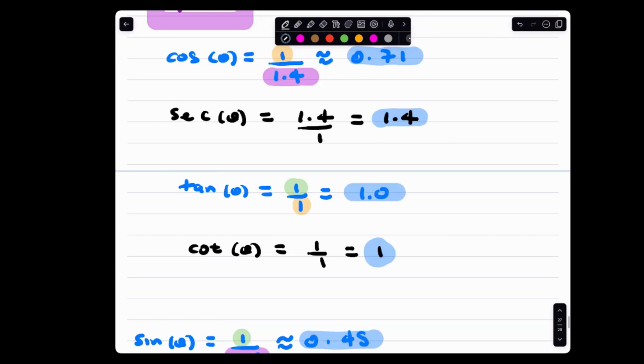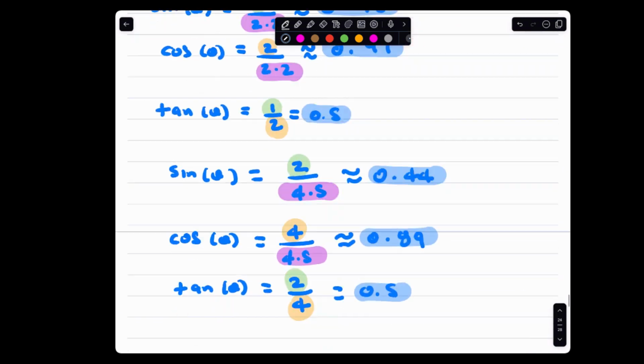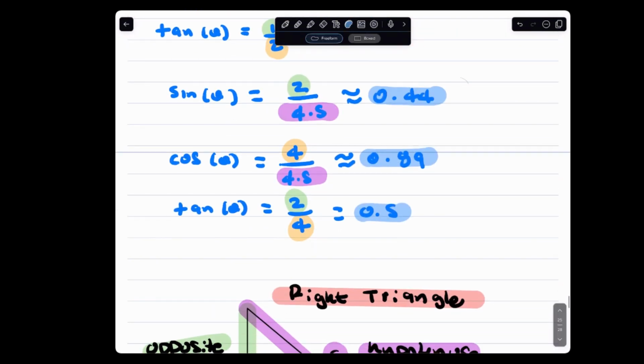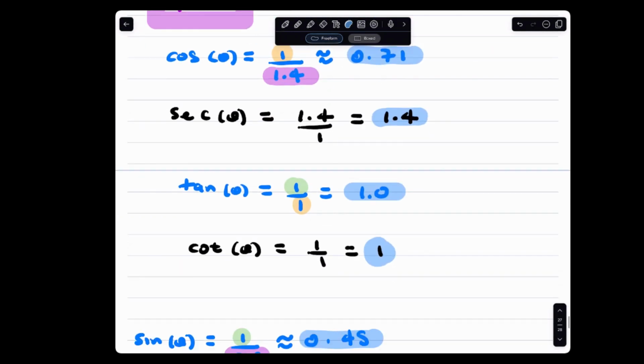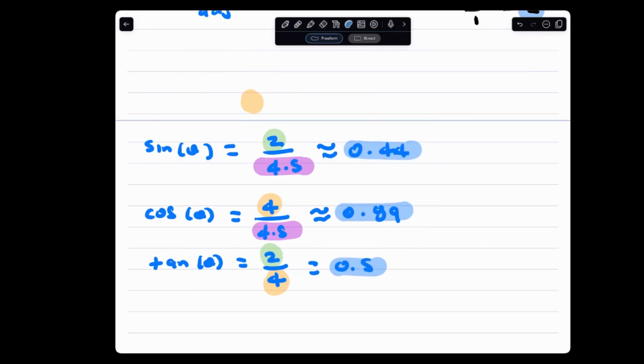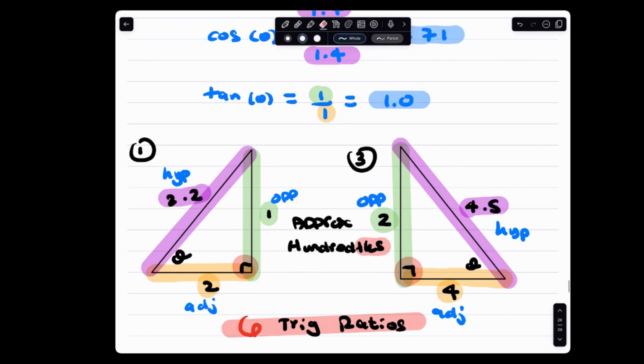All right, let's try to see if we can sneak the last one in, right? And so we're going to write reciprocals here. That was for the second triangle now. So let's get that one in as well.